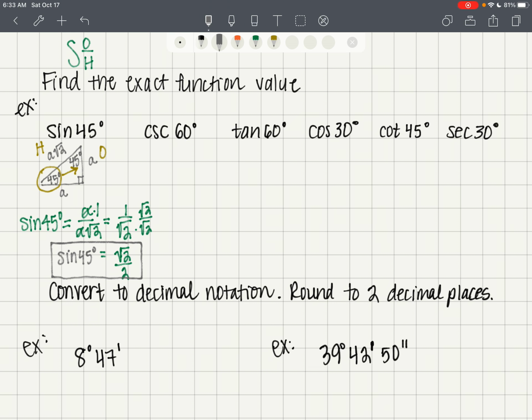The cosecant of 60 degrees, I apologize for that, the cosecant of 60 degrees is going to deal with the 30, 60, 90 triangle. The 30, 60, 90 triangle, we're going to draw that, and I'm going to actually need to move some of this to another page because I want to give myself some room.